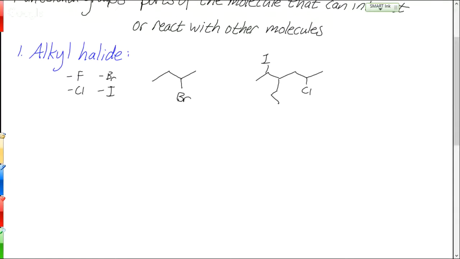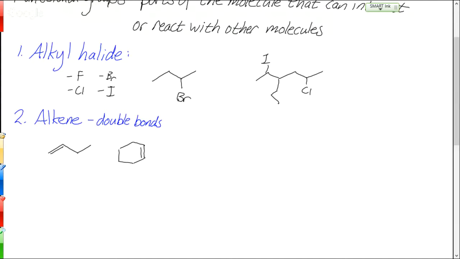Another kind of functional group that we've seen already is called an alkene. So instead of alkane, we have alkene, and that is double bonds, things like that.